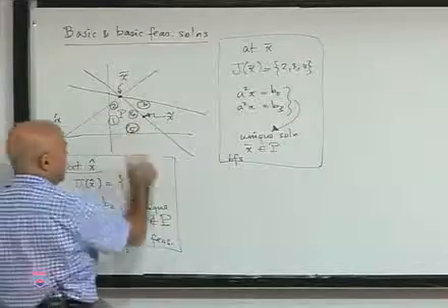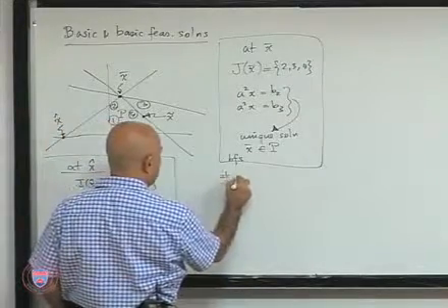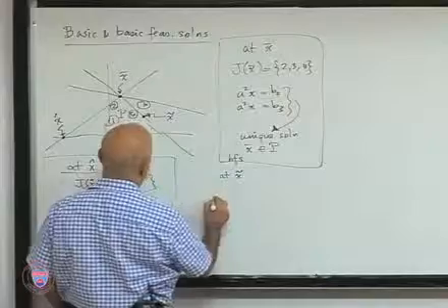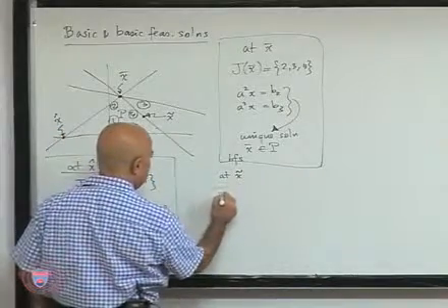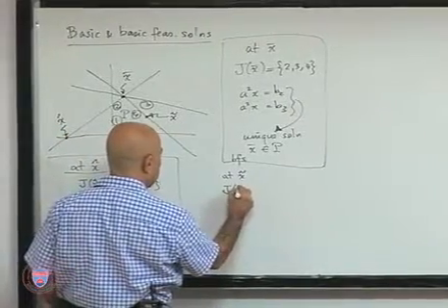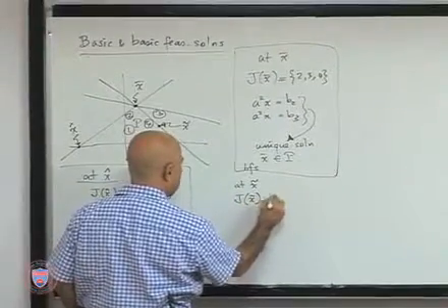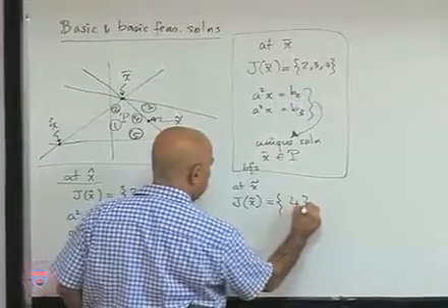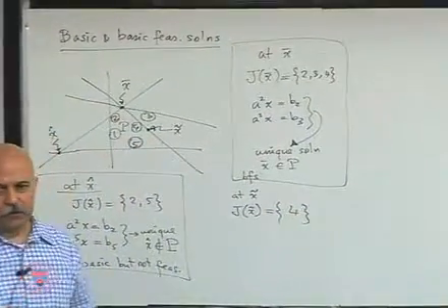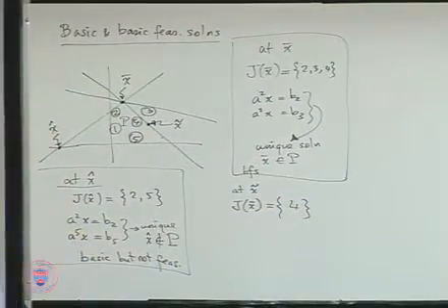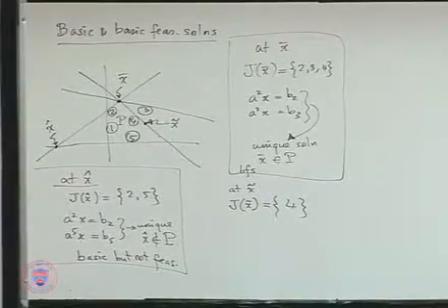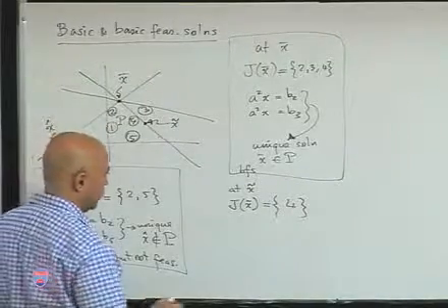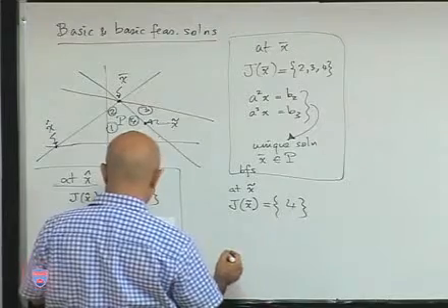Now, what is the situation at x tilde? Well, in that case, your active set at x tilde has only one constraint, number 4, but you need two linearly independent constraints, or two linearly independent normals of these constraints. And so you don't have enough.